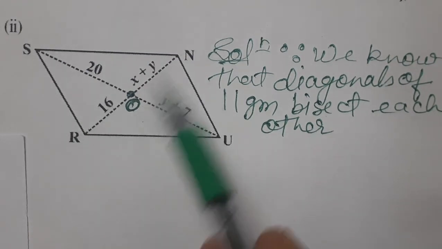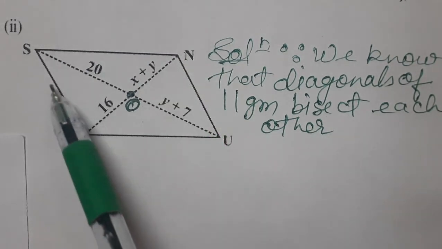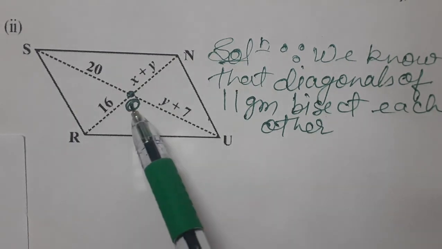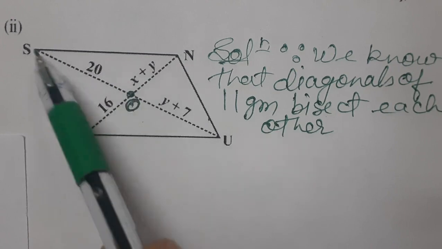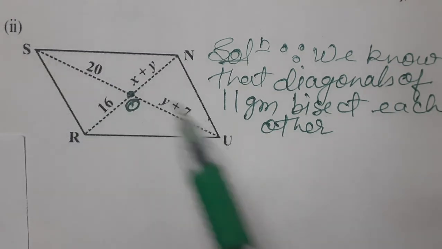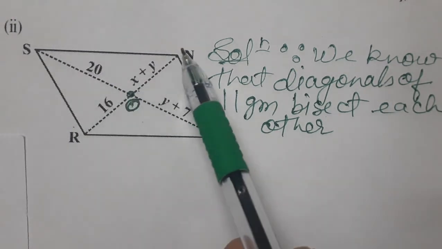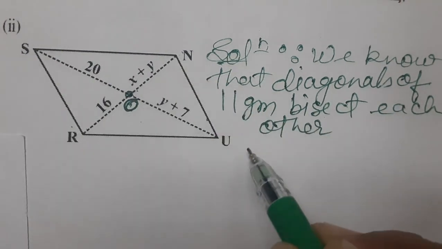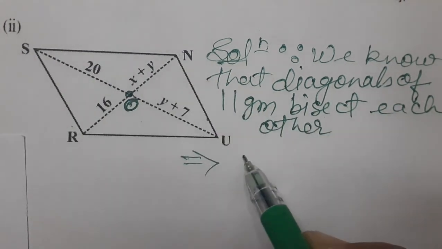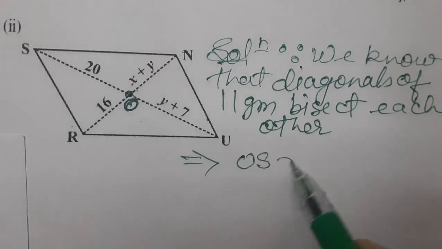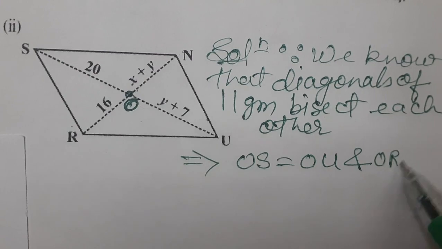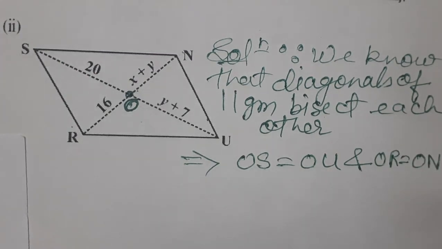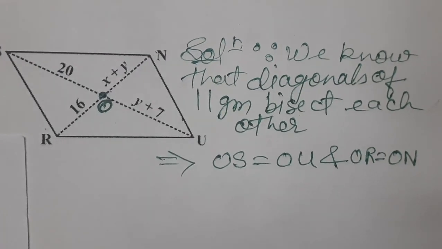So what are the diagonals? RN and SU. These two diagonals bisect each other at O. Therefore, OS equals OU and OR equals ON. Diagonals bisect each other in a parallelogram.